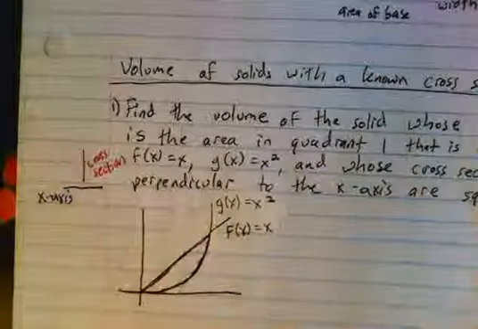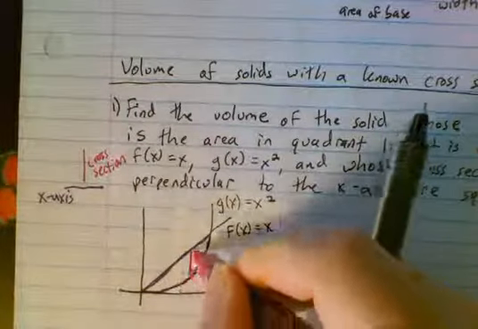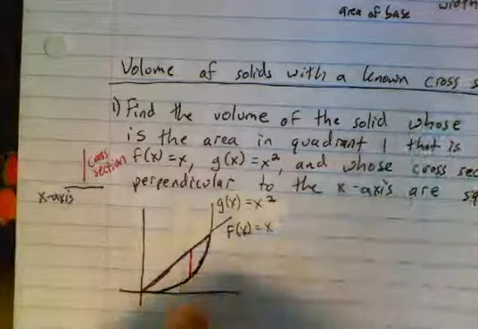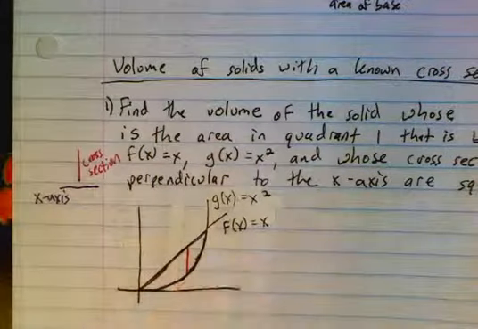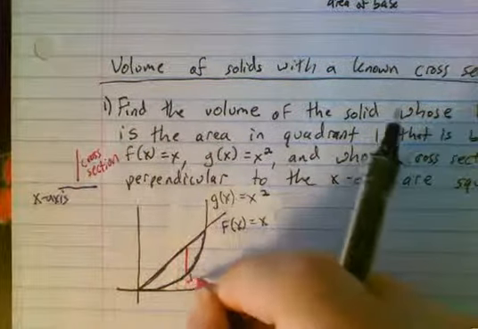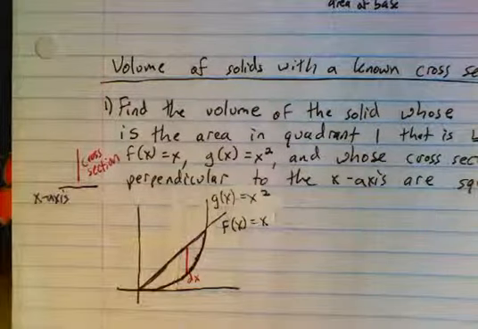So we're setting this up very similar to what we did previously. We're going to have our little infinitely thin rectangle right there with a width of dx. So far it's looking really similar to what we did for area.